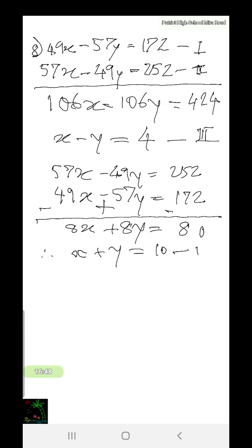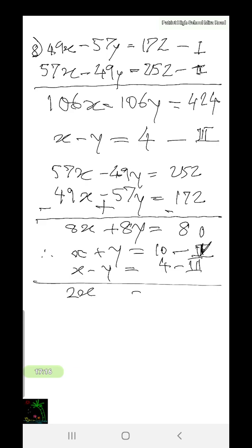Sorry, this will be the fourth equation. x plus y is equal to 10 is the fourth equation. x minus y is equal to 4 is the third equation. Adding the two, we have 2x is equal to 14. Therefore, x is equal to 7.